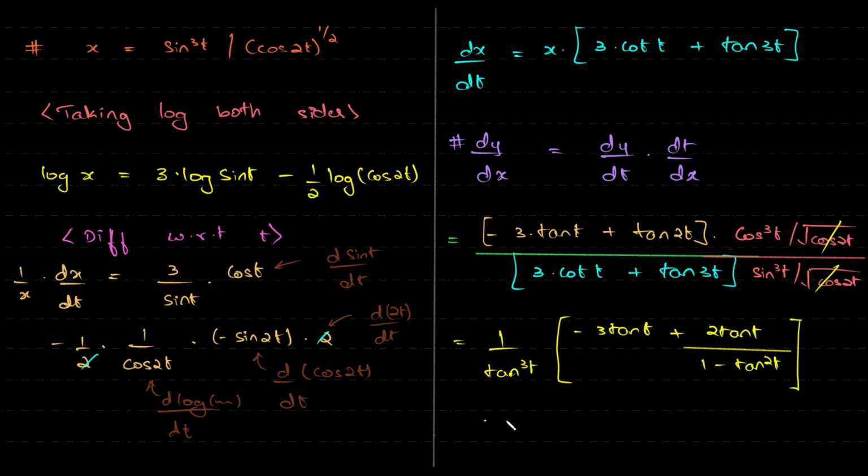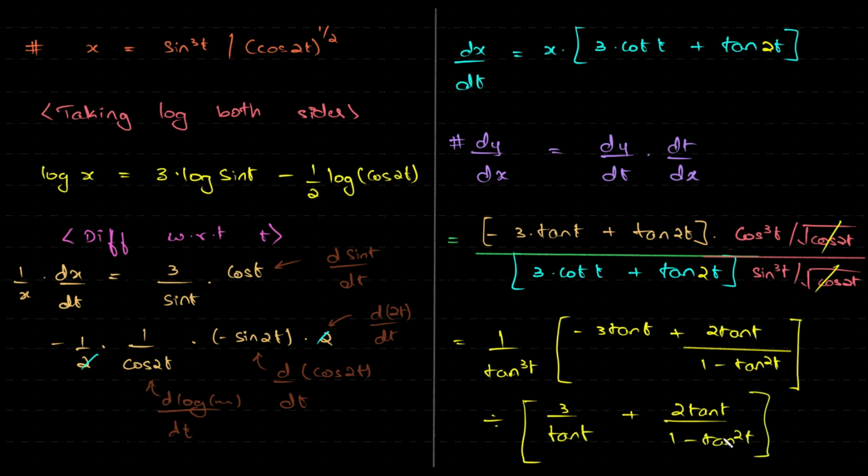And this expression gets divided with 3 by tan t plus 2 tan t. Oh, this is not 3. Why did I get 3? This is 2 itself. Divided by 1 minus tan square t.